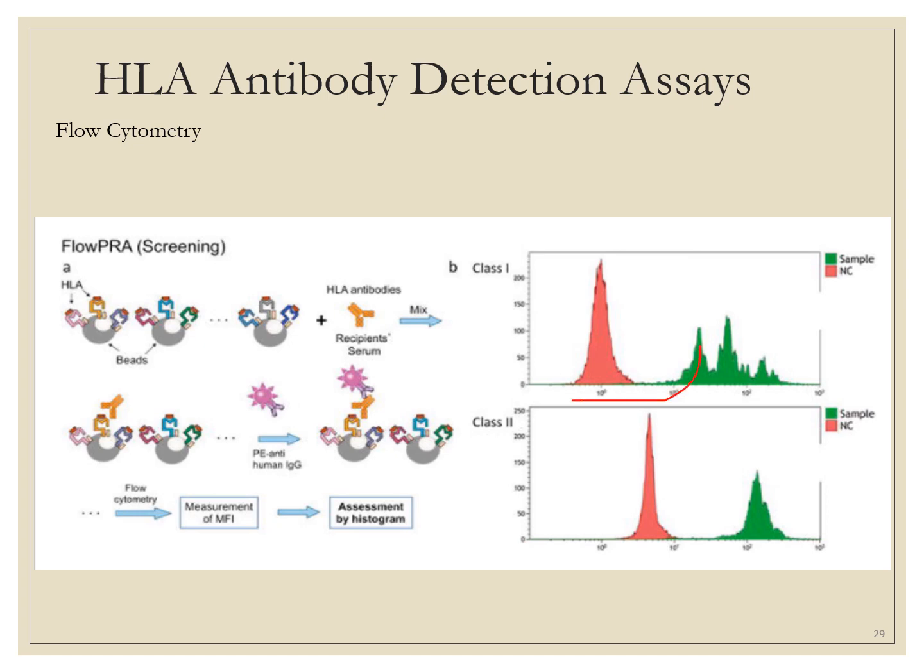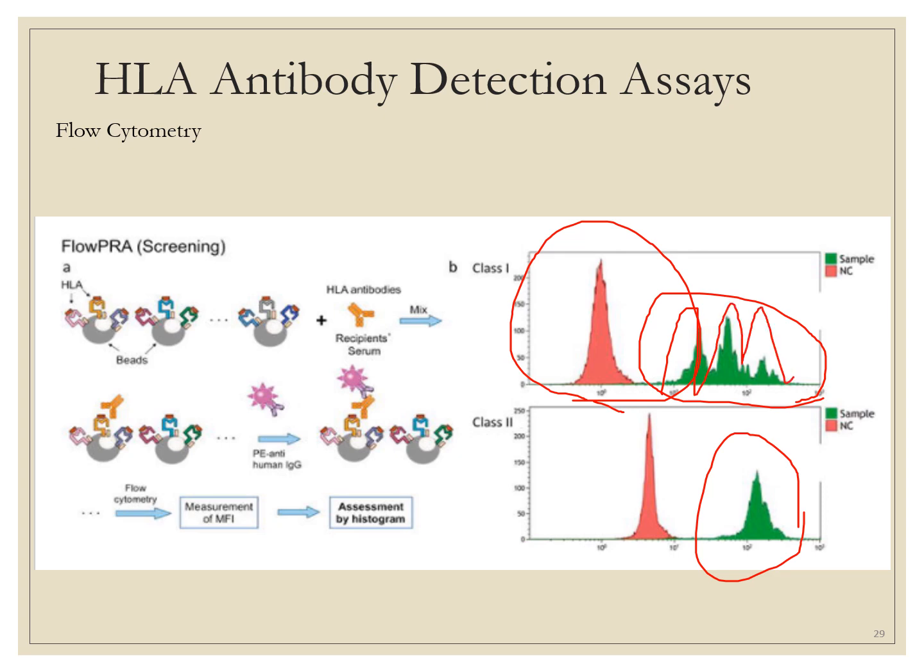Your negative control will be a low fluorescing peak, and then if it is positive, you'll have a bunch of peaks depending on the specificity of the antibody. If you have one specificity, it may look like this, and if you have many different specificities, you'll see lots of peaks like this.